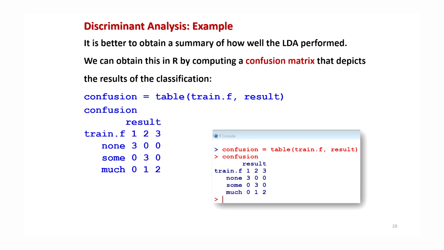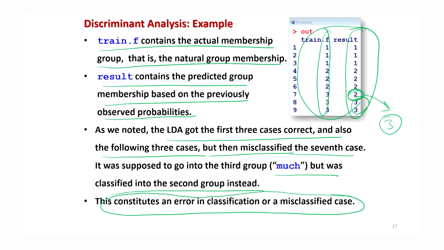So how to understand it? We try to create a frequency table of this data set, and this is what is called the confusion matrix. If you try to recall, we had discussed this confusion matrix. So we try to obtain a summary of how our LDA did the job, and we compute the confusion matrix just by making a tabular representation of the data under train.f and result.